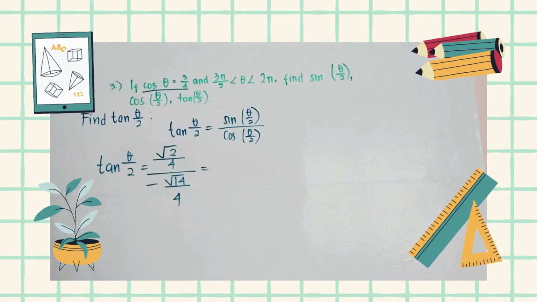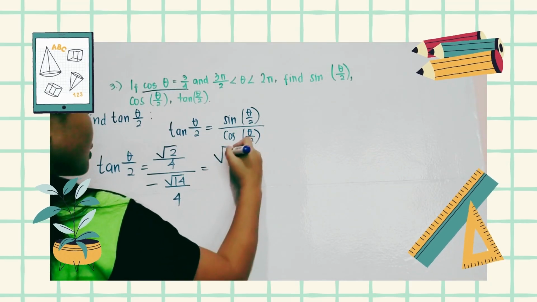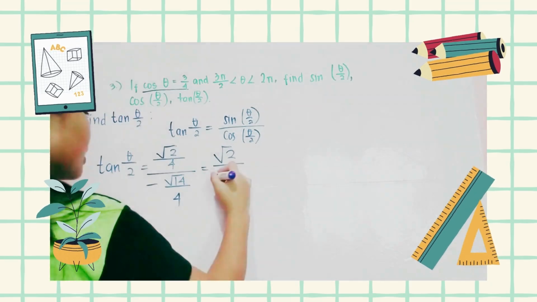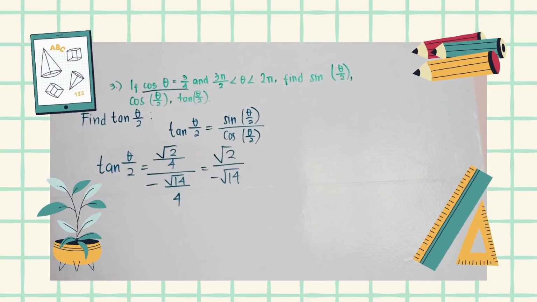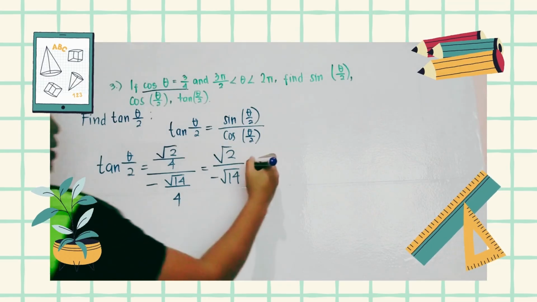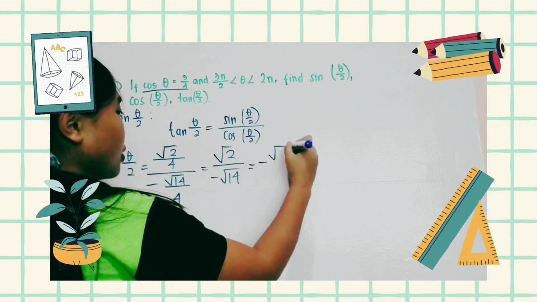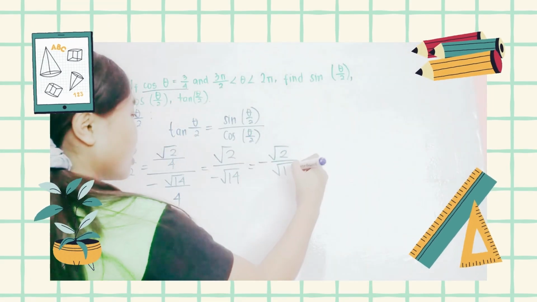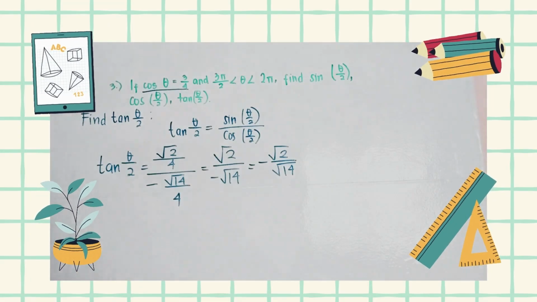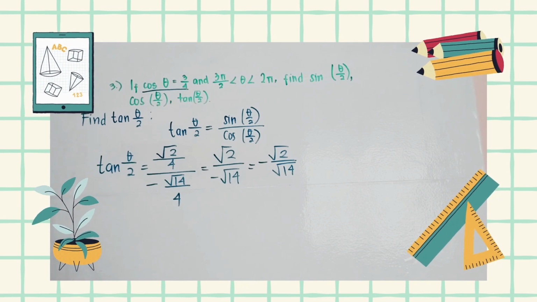Now let us simplify. We have square root of 2 over negative square root of 14. We'll be able to simplify it more. Now, rationalize the denominator.